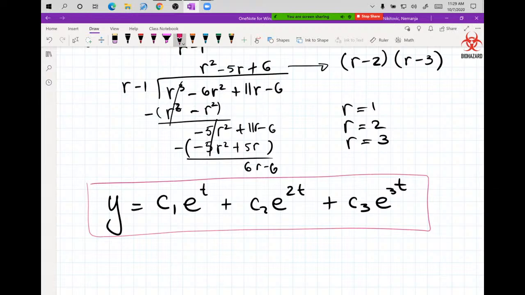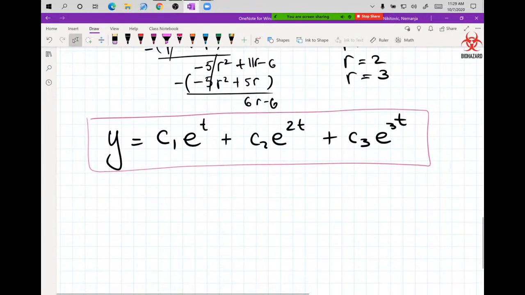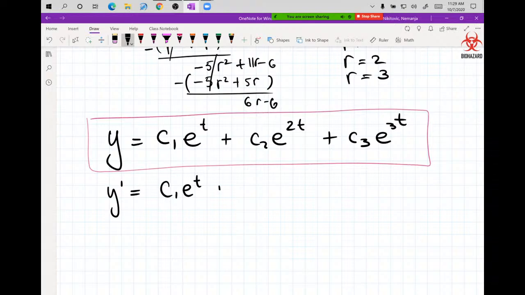Now, I am going to calculate this C1, C2, C3 because we do have initial conditions. For that, I need to find the first and second derivatives. So this is going to be C1 e to the t plus 2C2 e to the 2t plus 3C3 e to the 3t.